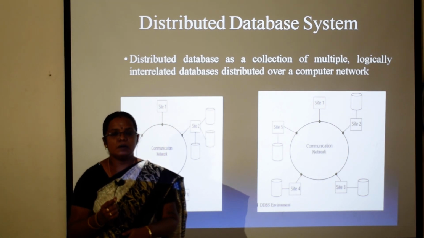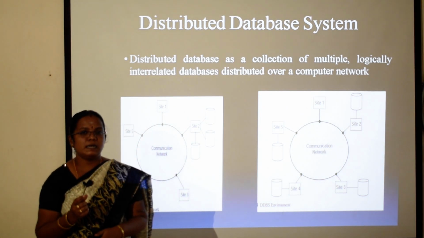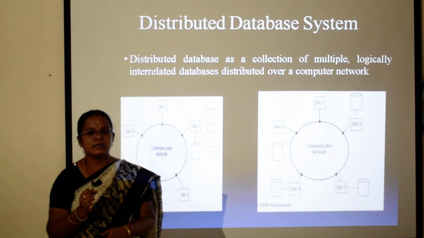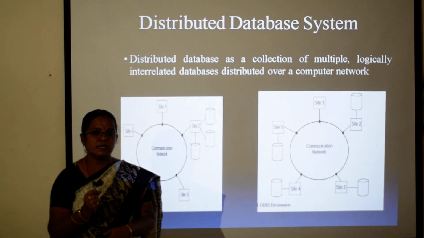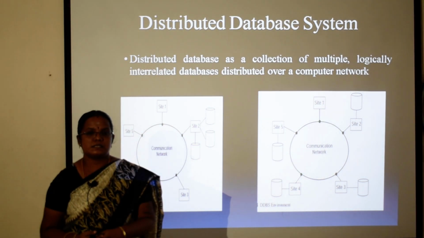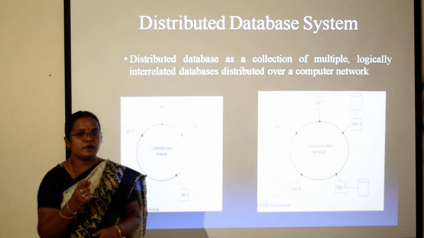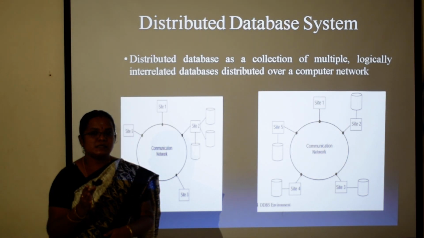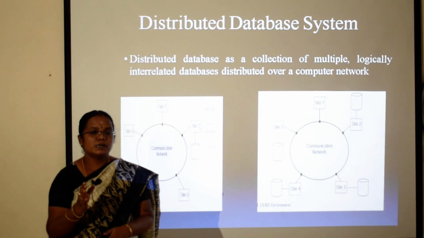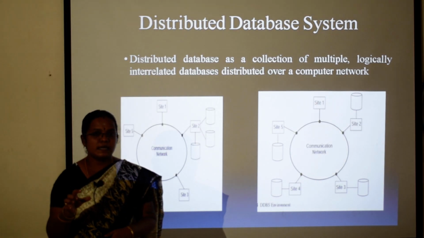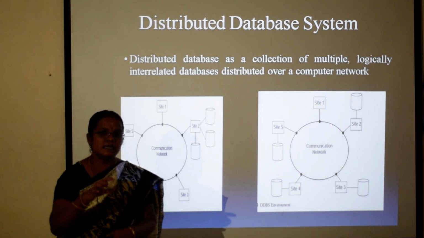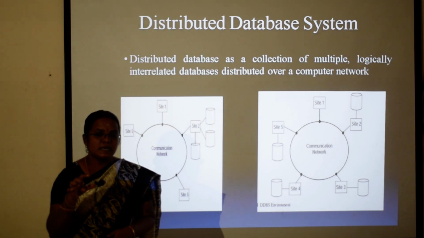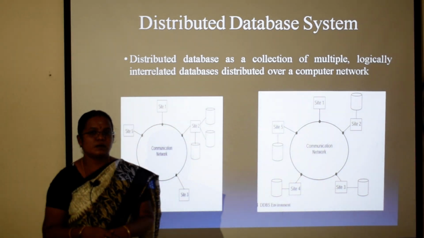Now we are going to see what we mean by data delivery alternatives and how we are going to perform them in a distributed database system. In a distributed system, the database is partitioned and stored in different sites, and we connect these databases by using a computer network.